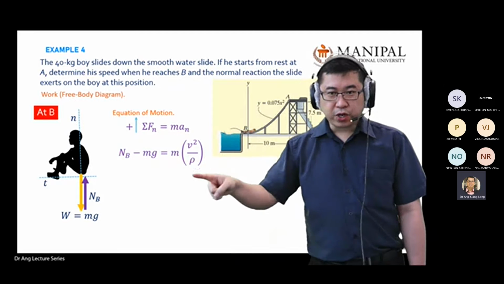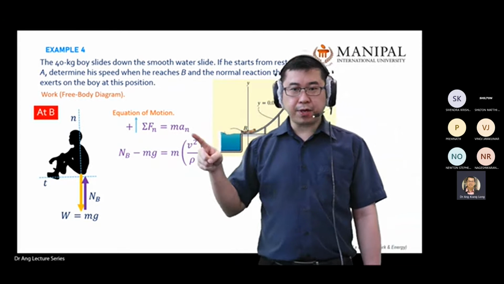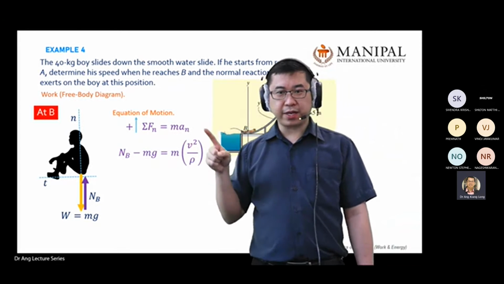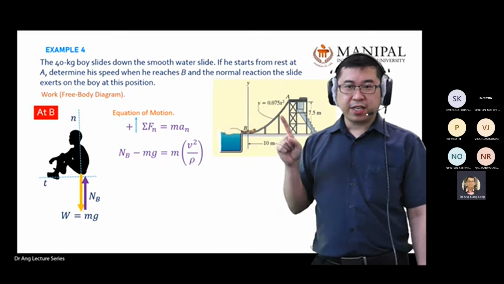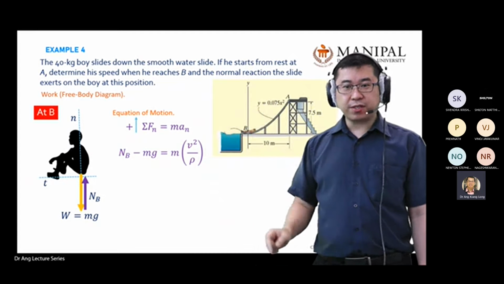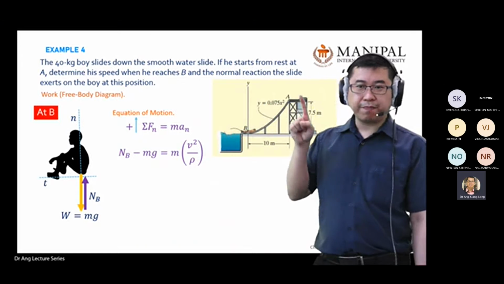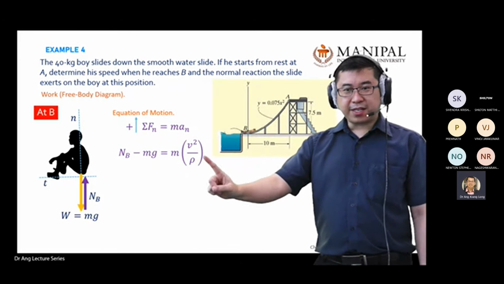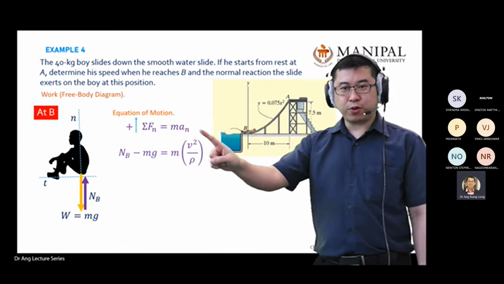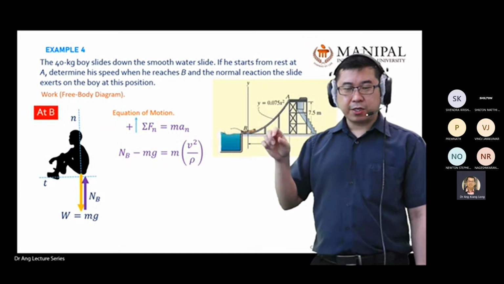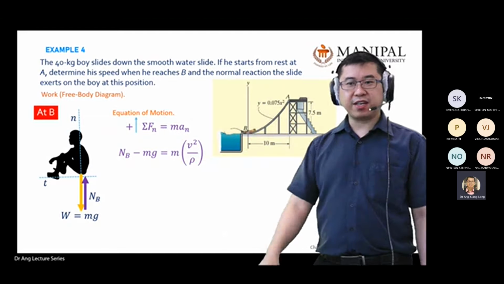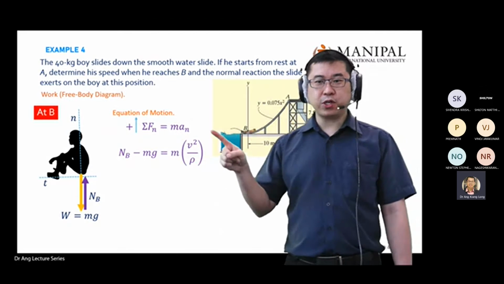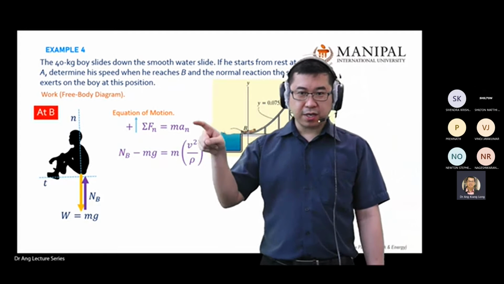Again, recall, this is a very popular equation when you try to solve the normal and tangent question or curvilinear equation. Remember, this is very important. It will not be given in exam. So every time you solve a curvilinear, expect you will use this equation.